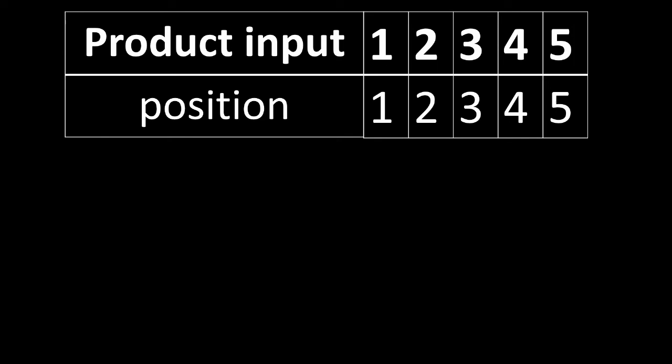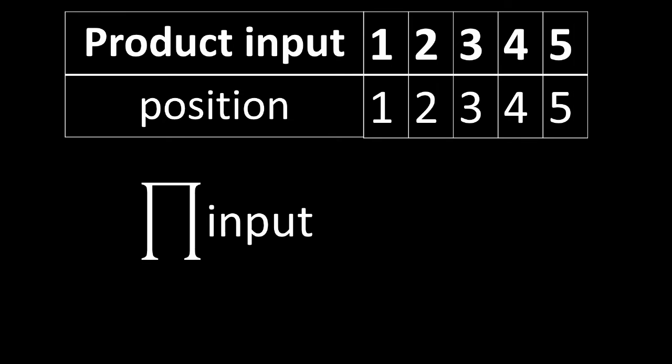Well, let's take a look at another example where we have a product input that does not have the same number in each position. So again, we have a product of some input, and we know that ranges from 1 all the way up to 5. But now what do we put in this input? Right? In the first position, we have a 1. In the second position, we have a 2. In the third position, we have a 3.